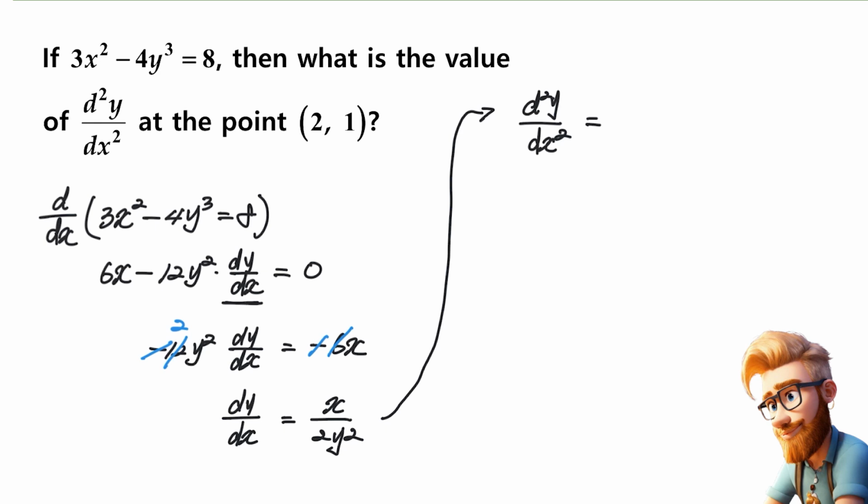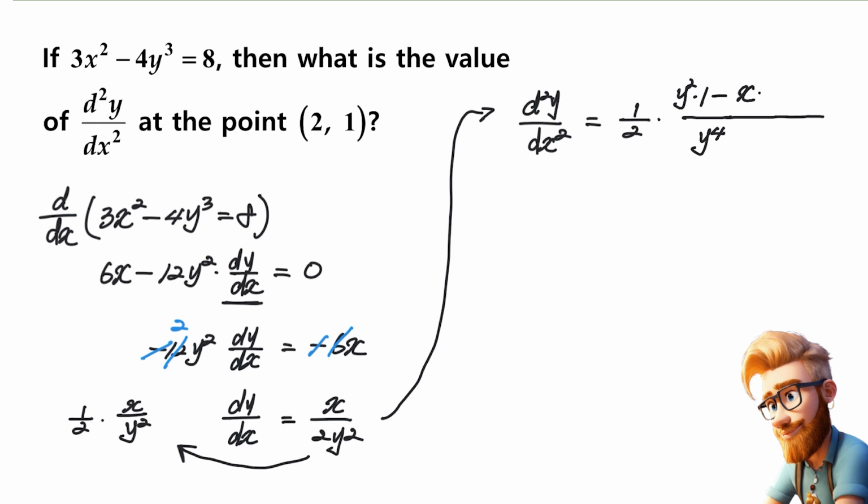Here, we have 1/2 times x over y squared, right? So when a constant is multiplied, leave this one alone and apply the quotient rule for this. So denominator squared, y to the 4. Low d high, low derivative of high minus high derivative of low.